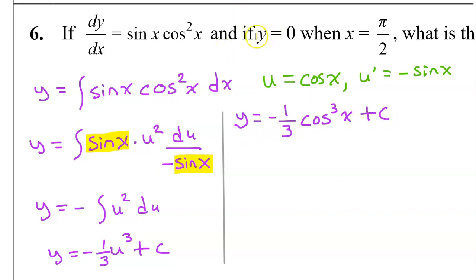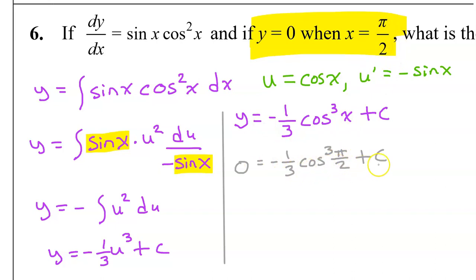Fortunately, they gave us the initial conditions, which will allow us to find the actual value of c. Since y equals 0 when x equals pi over 2, we can simply substitute 0 for y and pi over 2 for x, and then we can solve for c. So we get this, and we have 0 equals negative 1/3. What is the cosine of pi over 2?